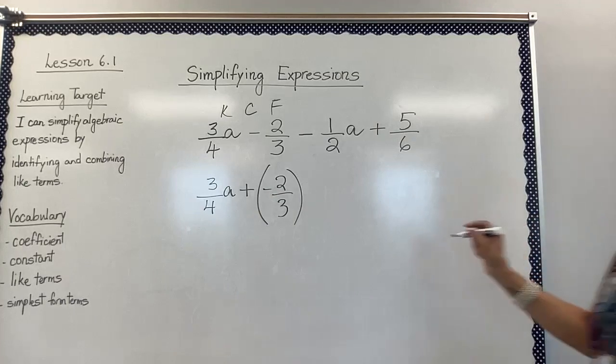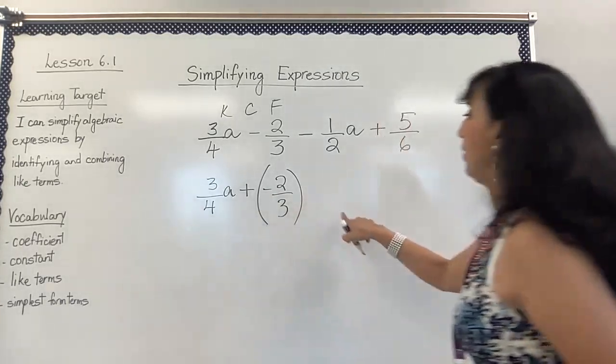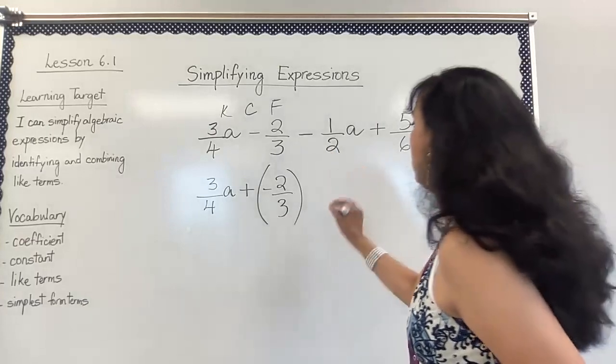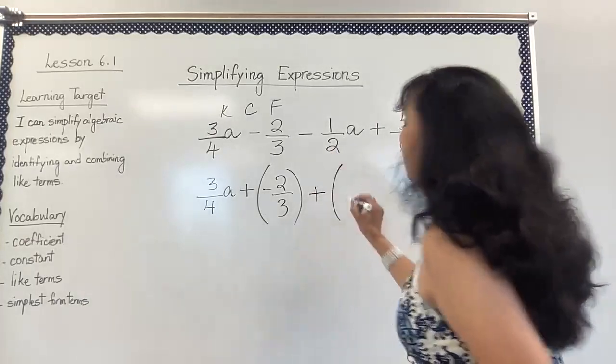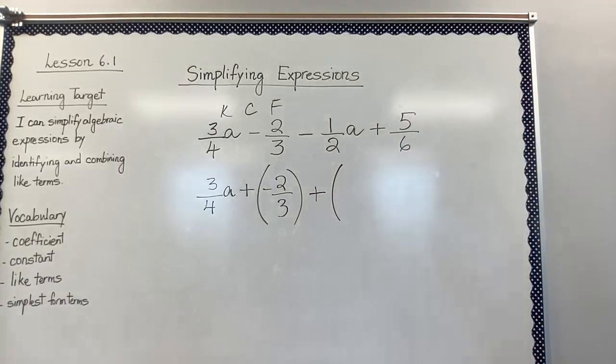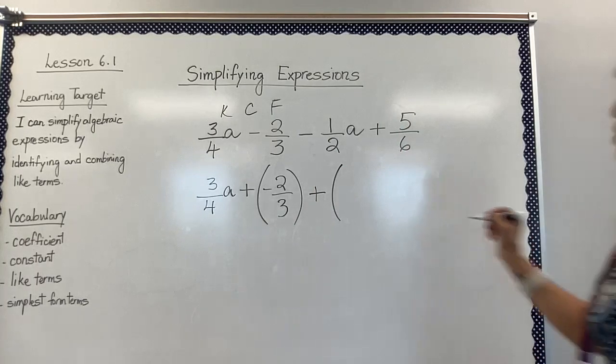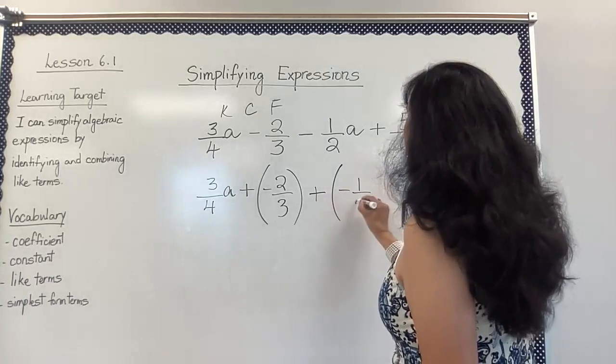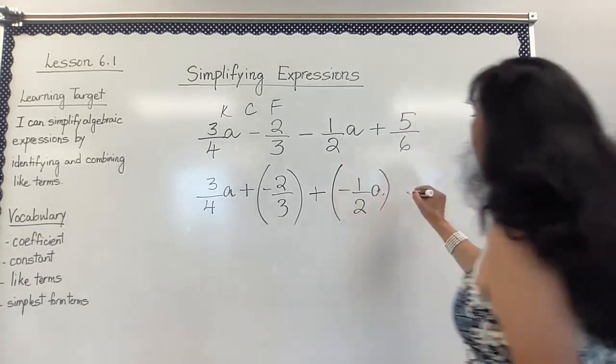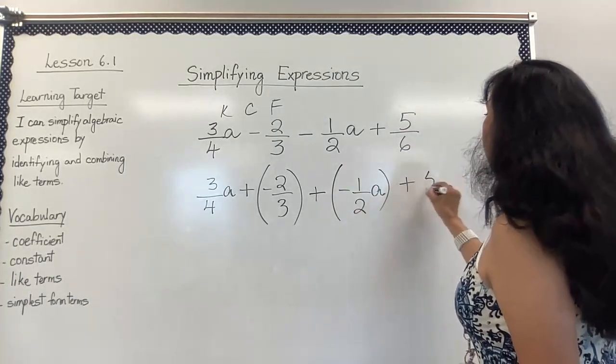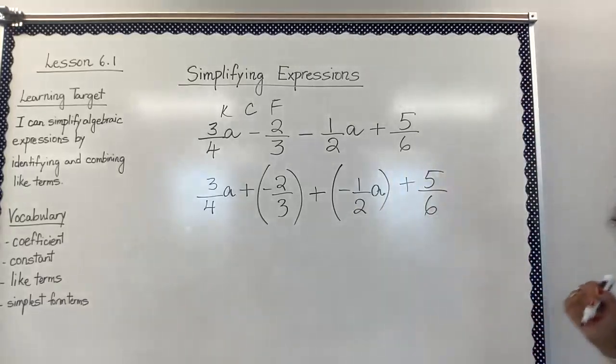Okay, plus, again over here, keep, change, and I'm going to flip the 1/2 a to negative 1/2 a, and then I have plus 5/6. Okay, so now here are my terms which I've rewritten subtraction as addition now.